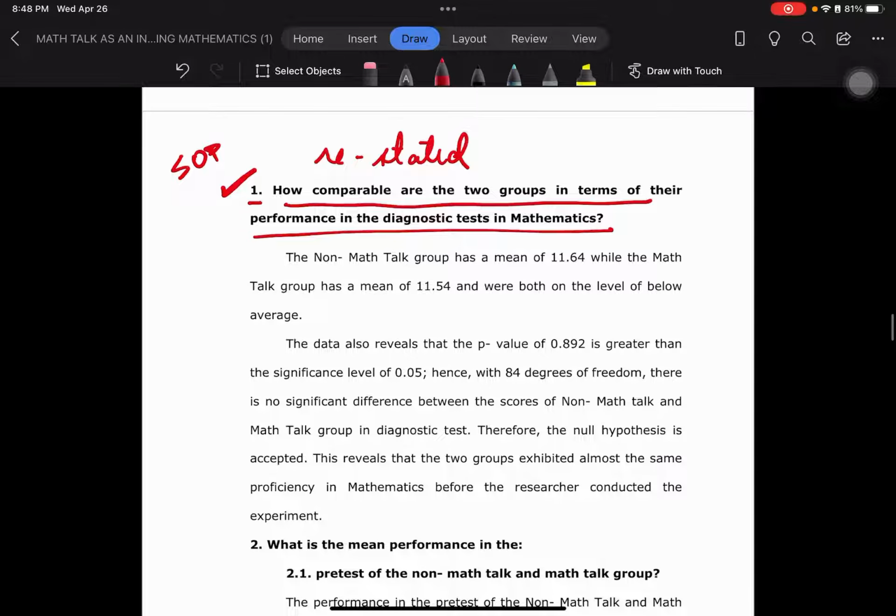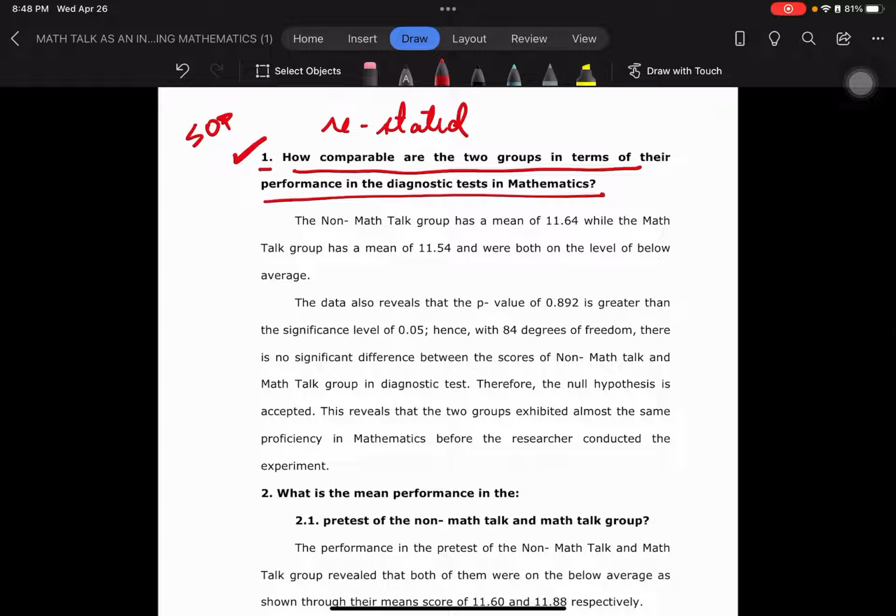And then immediately below the restated SOP is the result based from chapter 4. So all of these values and discussions are based on chapter 4. So again, as you can see, there are values and there are also verbal interpretations of these values. Okay, there are findings that also use citations.